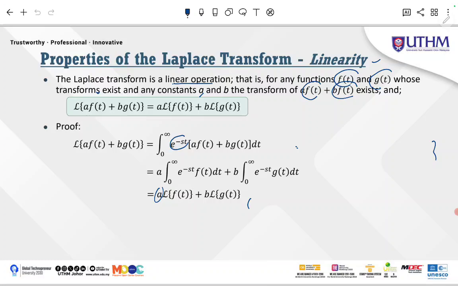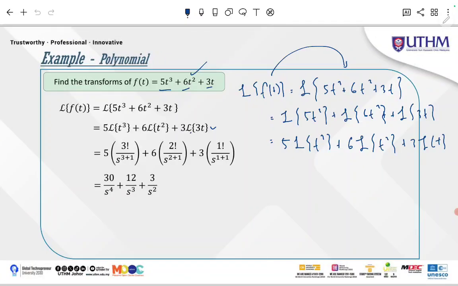So I write down here, Laplace transform of t to the power of n equals n factorial over s to the power of n plus 1. So for 5 times t to the power of 3, that means 3 factorial over s to the power of 3 plus 1.